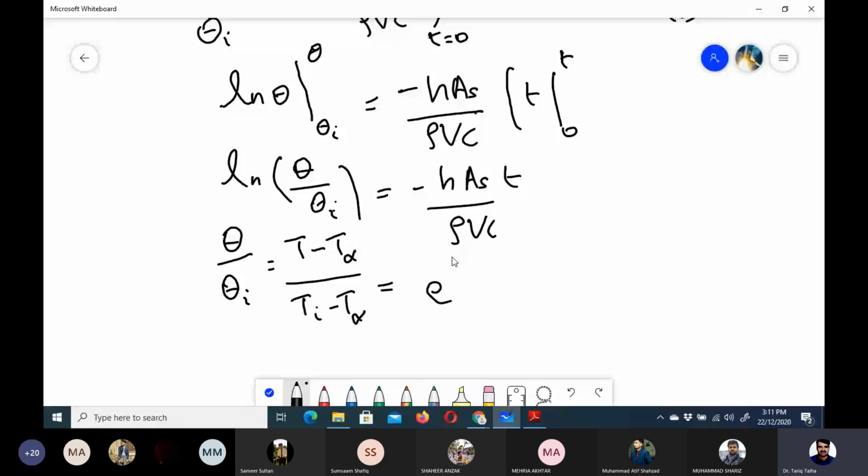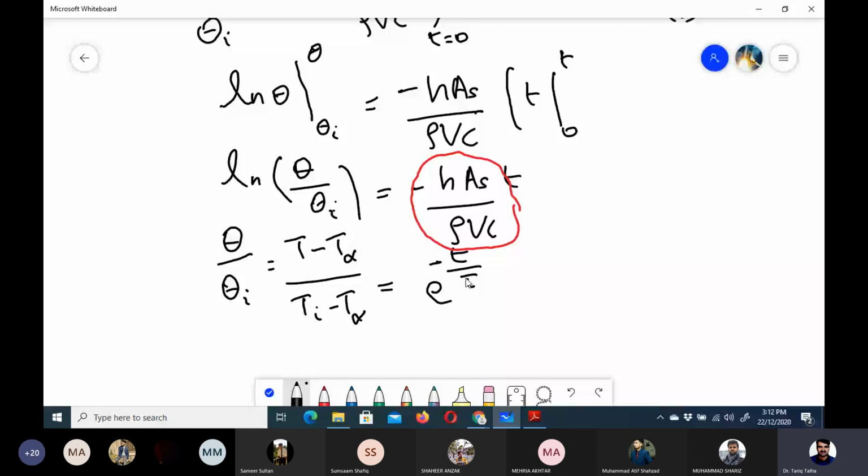Now let me clarify a little bit. This whole bit here should also have a minus. So this whole bit I have taken equal to tau, and tau is the thermal time constant.